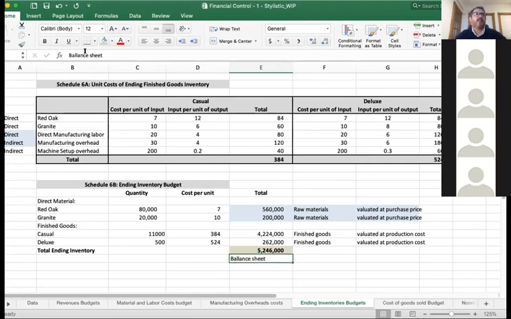Okay. So this is also why we did this. And just to finish what I wanted to say, the finished goods here are evaluated at the production cost and not the selling price, right? Okay, so this is it for this schedule.